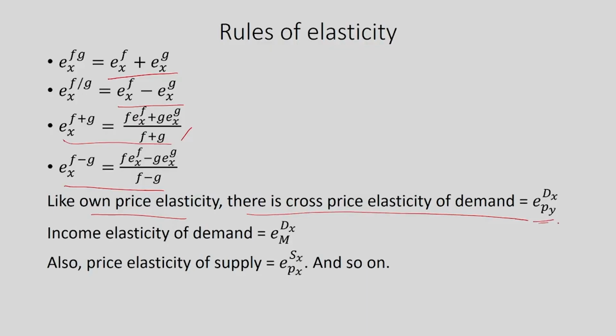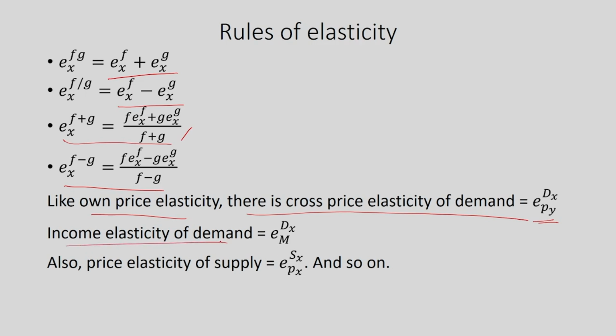Or think about tea leaves and let us say sugar, right. If the price of sugar changes, it is conceivable that the demand for tea leaves can change. So, we can measure that also. So, this is given by E of d_x, p_y. Here the price and the quantity are two different goods.